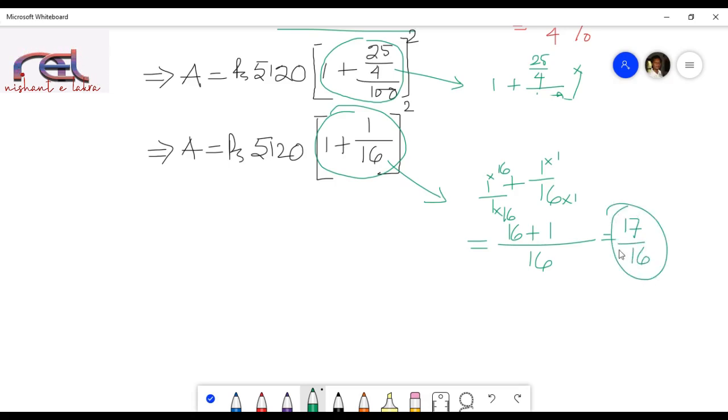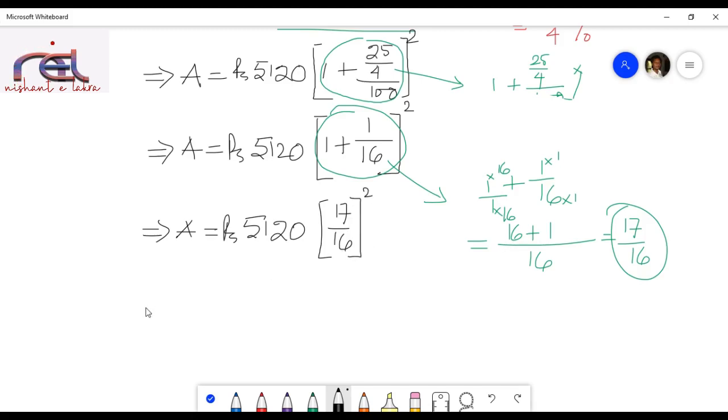So the value that we have got after simplifying 1 plus 1/16 is 17/16. We'll just replace the values here. 17/16 to the power 2. Okay, we'll solve it further. Now you see here that 17 by 16 is whole square.